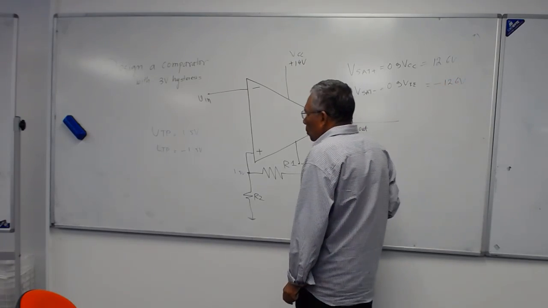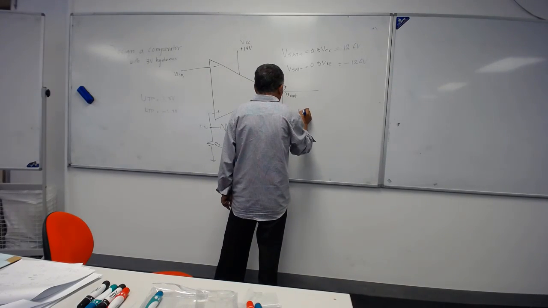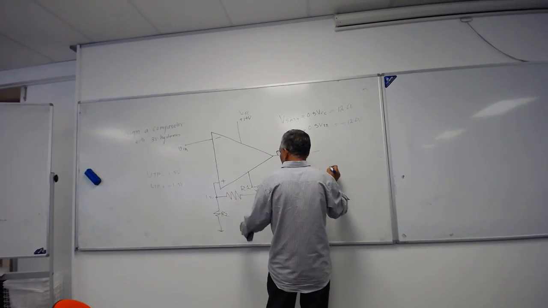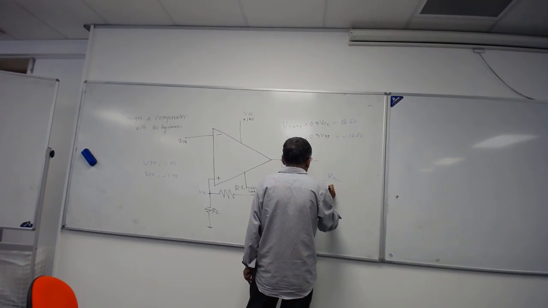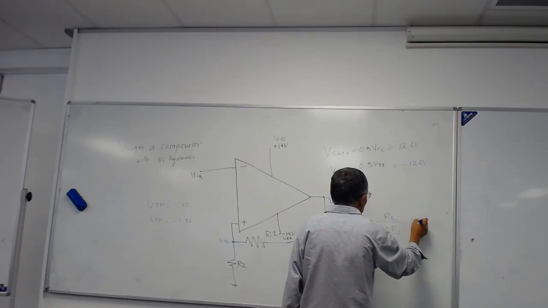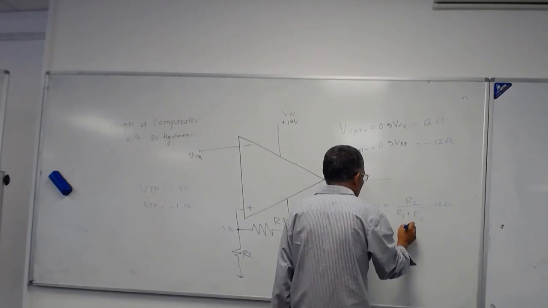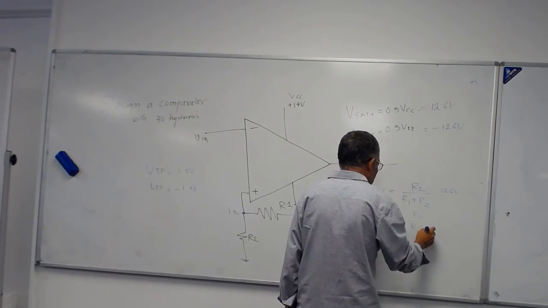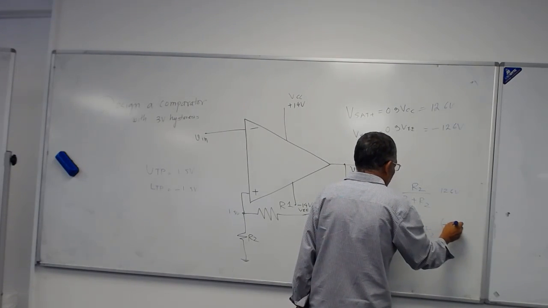So you can have two equations. 1.5 volts equals R2 divided by R1 plus R2 times 12.6 volts, and also minus 1.5 volts equals R2 divided by R1 plus R2 times minus 12.6 volts.